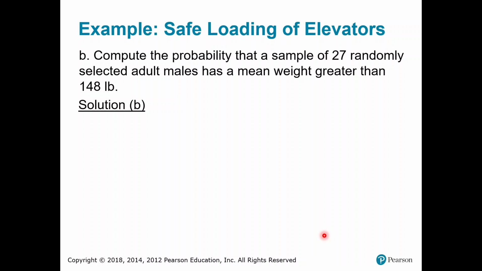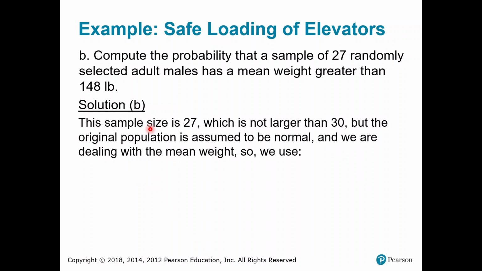B. Compute the probability that a sample of 27 adult males has a mean weight greater than 148 pounds. Well, this sample size is 27, which is not greater than 30, but because the population is normal, then we can do this.